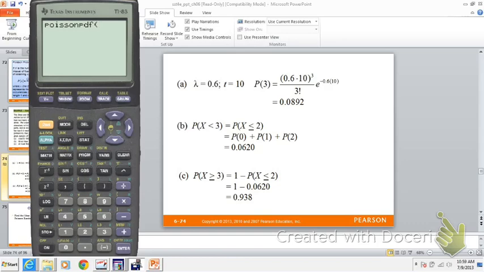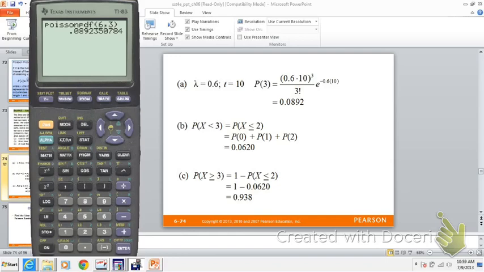So we said the mean would be 6, the expected value would be 6, comma, and then x is the thing you're interested in observing, so the probability that you would actually get only 3 insect fragments. So, see, 0.0892. Or whether you crunch it out by hand using that formula, you're still going to get 0.0892.